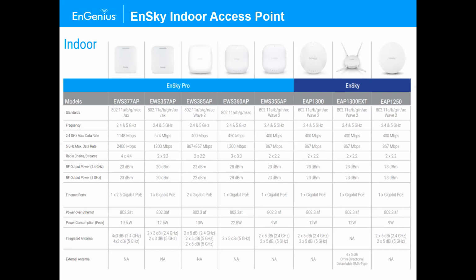The NSky solution, as you can see from the table, includes a variety of indoor access points, and the AP provides a connection for various devices to your Wi-Fi network, and it supports mesh. You can mesh together and provide the access and performance for your whole network.